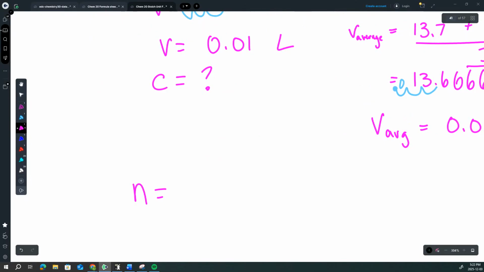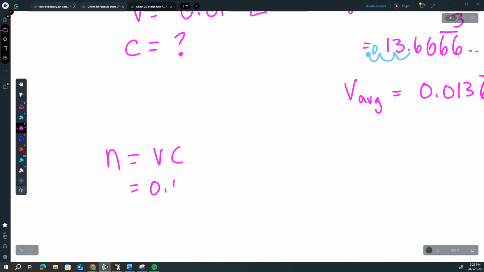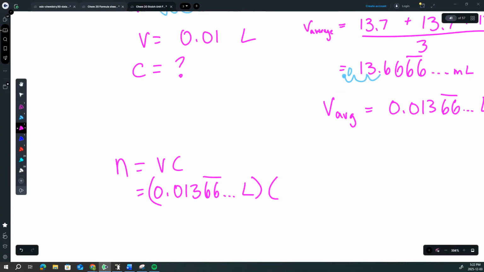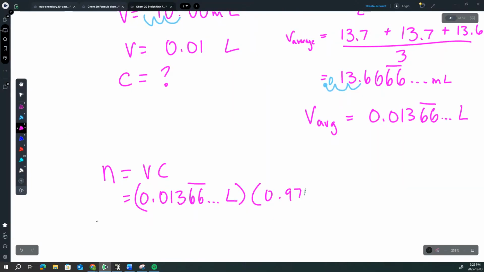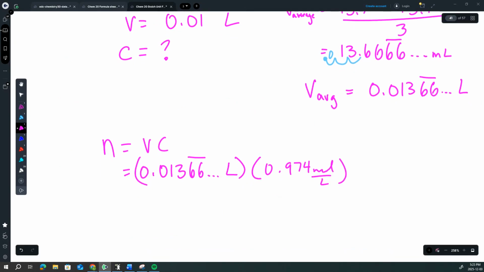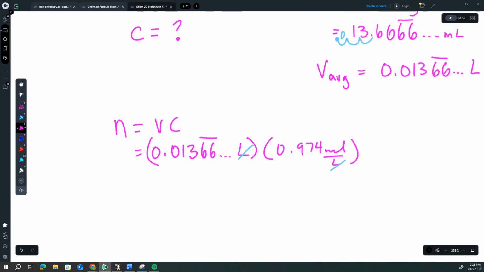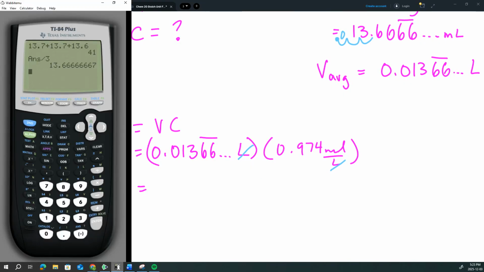Moles is equal to volume times concentration. So the volume was that, times that 0.974 mole per liter. Liters cancels out. And let's see what this equals.